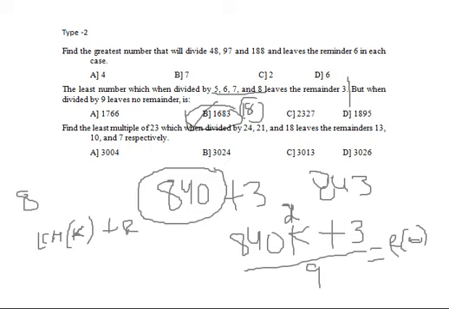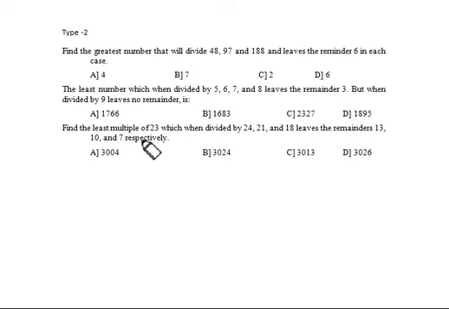Okay, now we'll solve the last question of type 2. Find the least multiple of 23 which when divided by 24, 21, and 18 leaves remainder 13, 10 and 7. So here we were getting the same remainder, remainder 3, here we were getting remainder 6 each, but in this, the remainders are different. When we divide by 24 we are getting remainder 13.